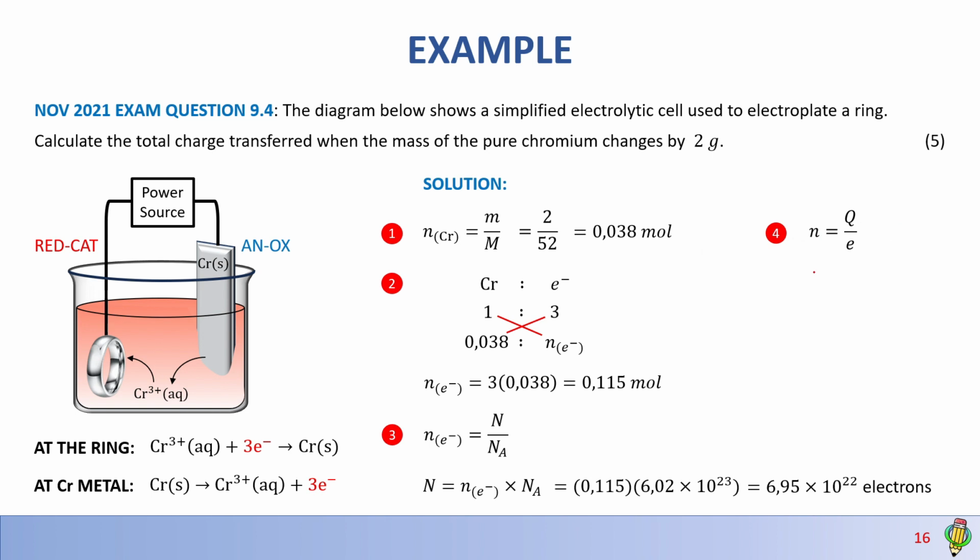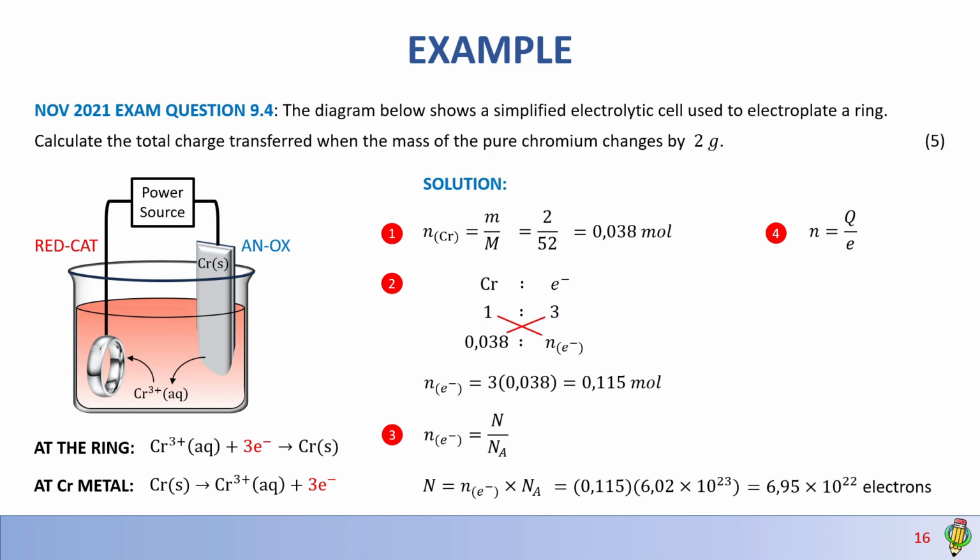So once again, this equation says that number of electrons, this is not moles in this case, and this one says the charge, while e, sometimes they use Qe, means the charge on an electron, which is a constant. You should be familiar with this equation since grade 10. It is also given in the paper 1 formula sheet, but not in paper 2, unfortunately. You just have to remember it in case there's a question like this.